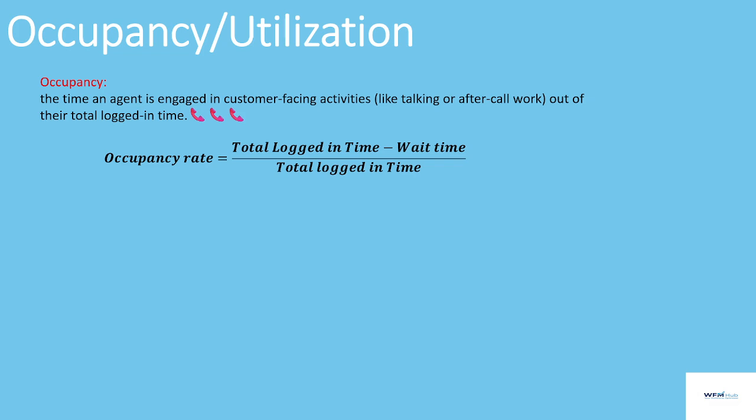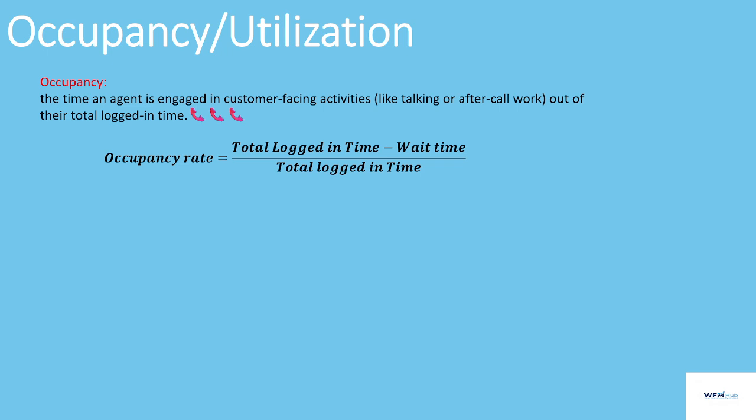In a simple formula, occupancy rate is total logged in time minus wait time, divided by the total logged in time. So what do we mean by total logged in time? Minus the wait time, it gives us the handling time.